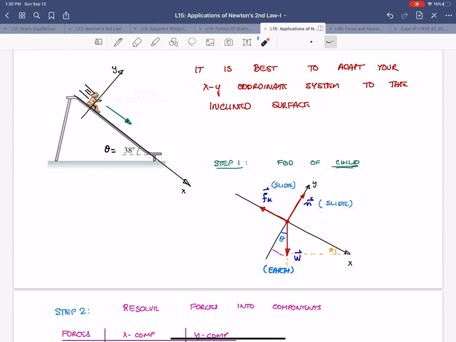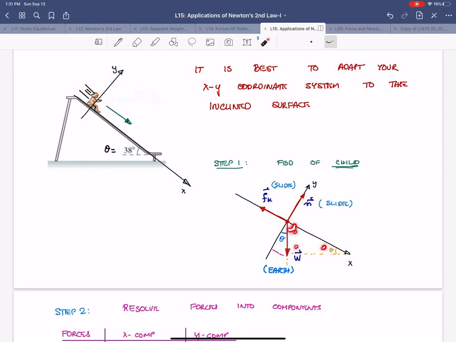Now, of course, the weight acts in a direction that makes some angle with the x and y coordinate system, so we have to specify that. If I call the angle of the incline theta, which is 38 degrees in this case, then if you look at this right triangle, this angle is 90 degrees, and this angle would be the remaining 52 degrees, because the three angles have to add up to 180.